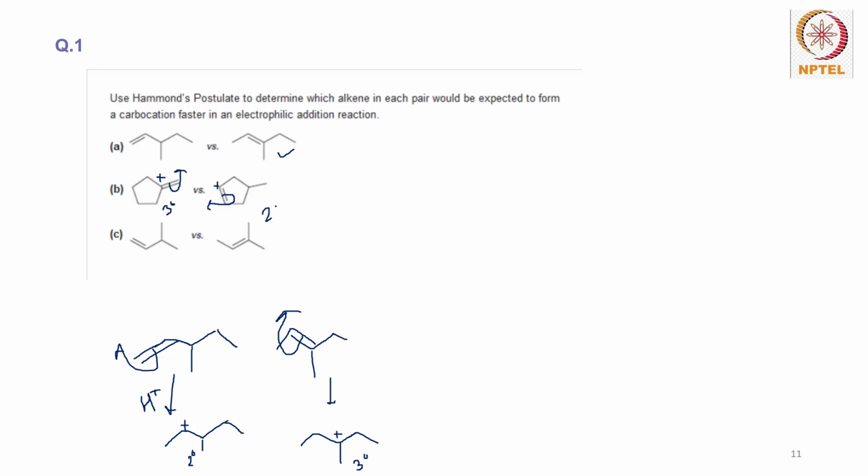It will be 2 degree. So which will be favorable? The first one. Similarly, in this case, if it goes from this side, 2 degree carbocation. If it goes from this side, 3 degree carbocation. Okay. So which one will be preferred? Obviously this one.